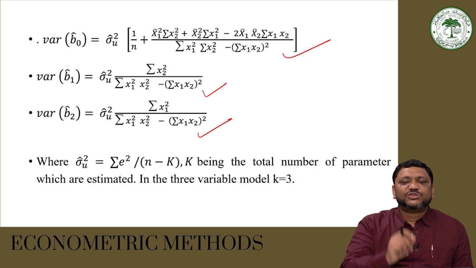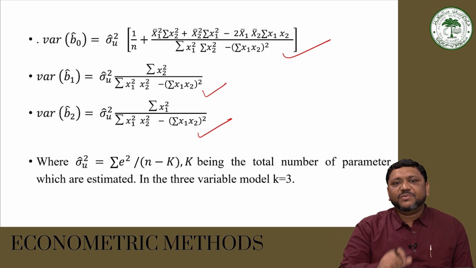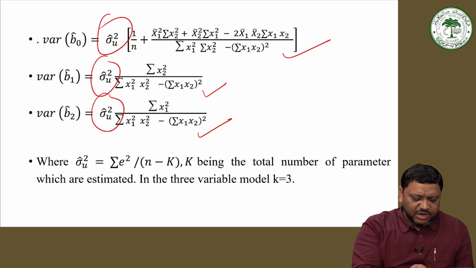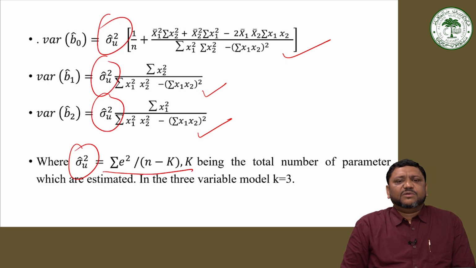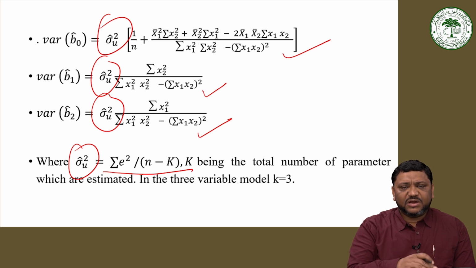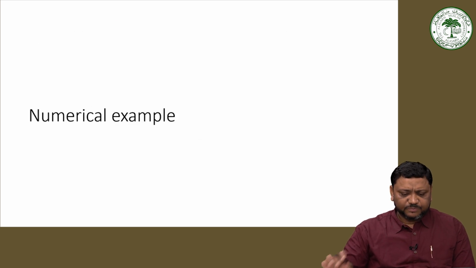That is, the mean expected value is the parameter itself. And here we have sigma square u, sigma square is equal to nothing but summation e square divided by n minus k, where k being the total number of parameters which are to be estimated. In our model it is 3.